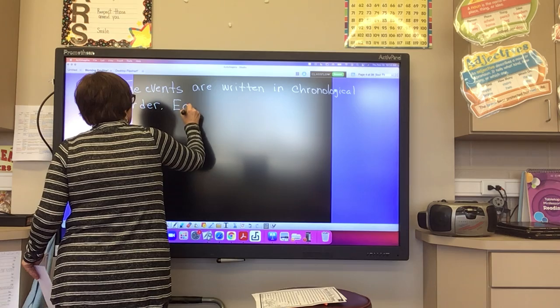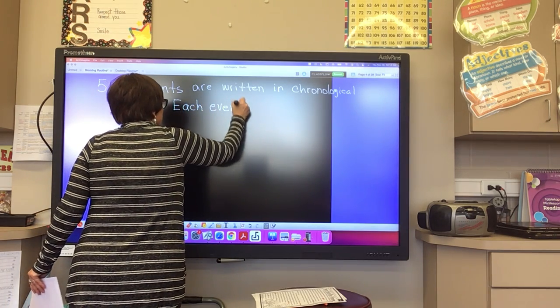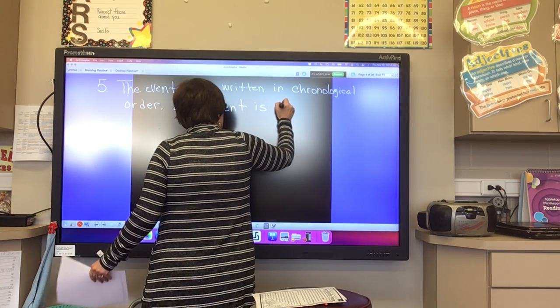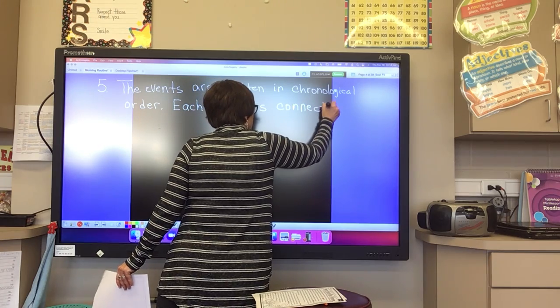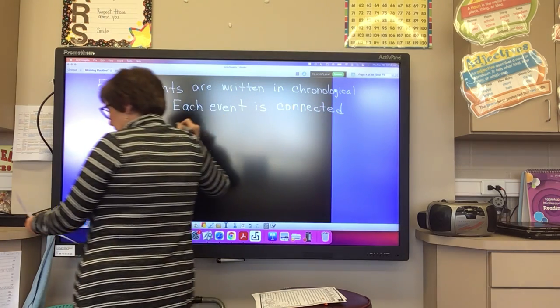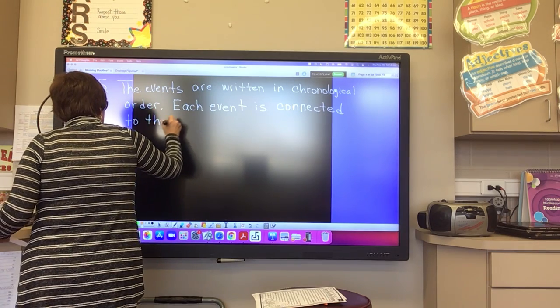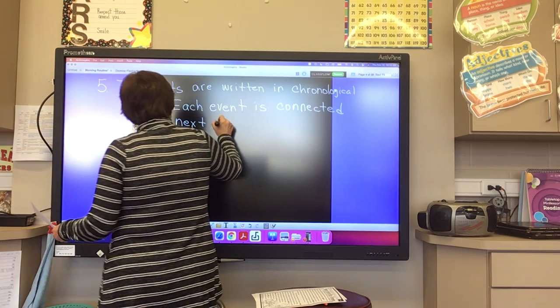Each event is connected to the next as a sequence.